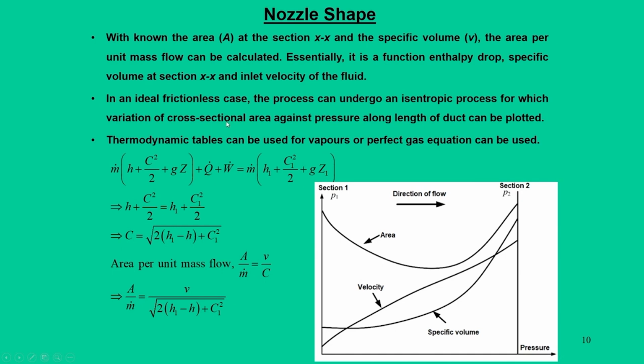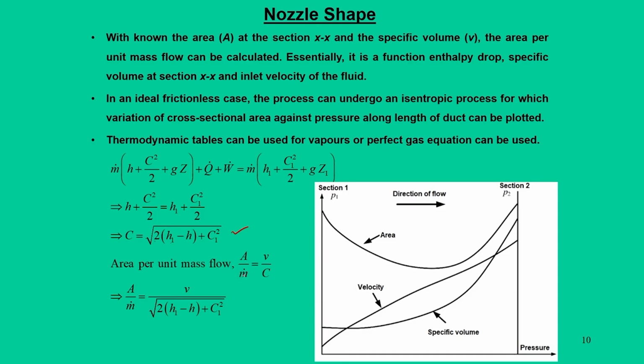So, try to understand these particular equations. One is C is equal to the square root of 2 times (H1 minus H) plus C1 square, this is one expression. The other is mass flow rate, that means mass flow rate at any cross section is constant.